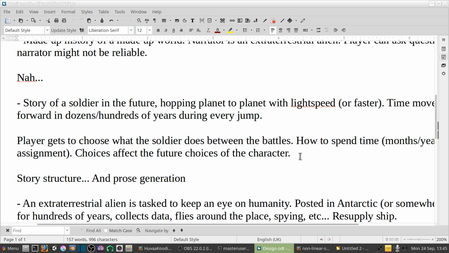So I thought about this very compelling battle system where you fly around in space and fight these aliens. And then I thought, well, I want to have a dynamic campaign where the aliens are fighting our planets and we have to defend them, and they might take over a planet and we might take over a planet, and then it ends either in humans winning or it ends in the aliens winning.